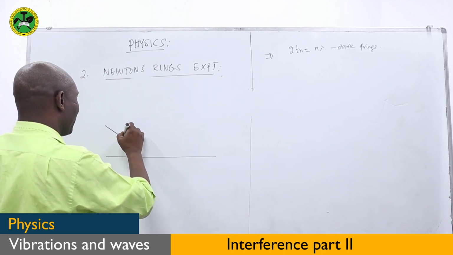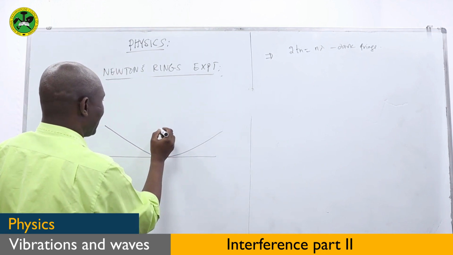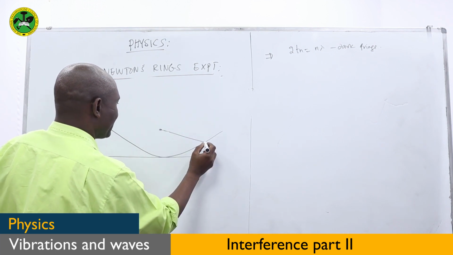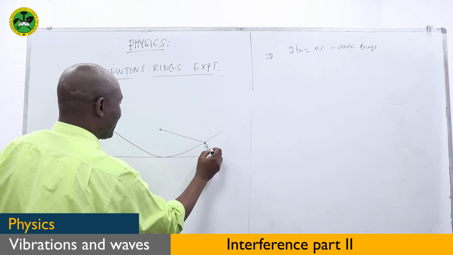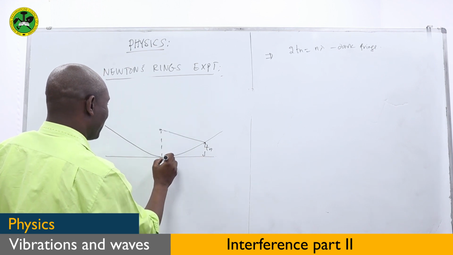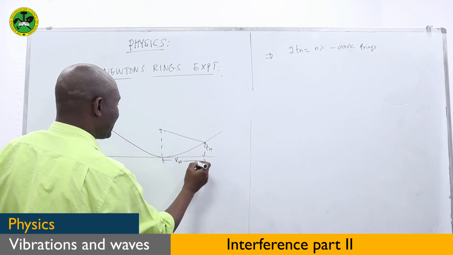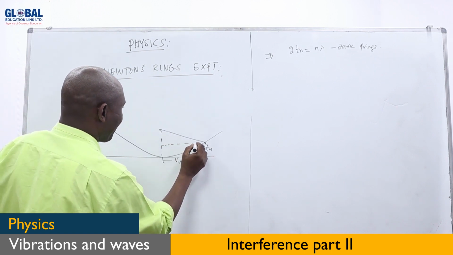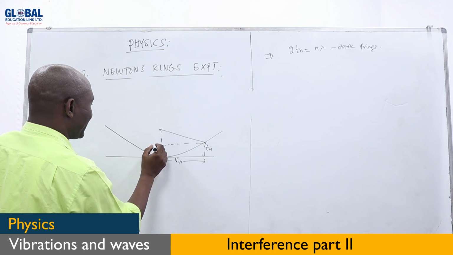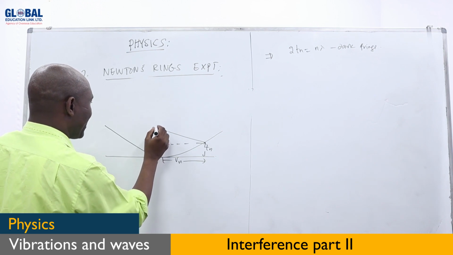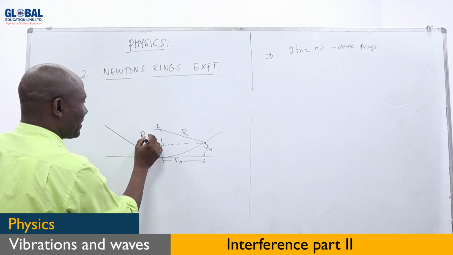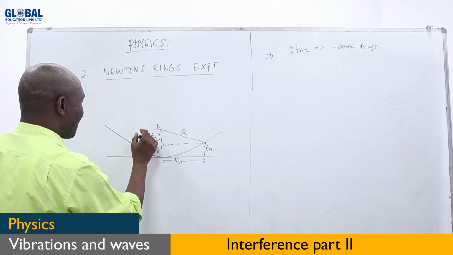this is the part of the curved surface here, and this is the center here. Let's take this is our Tn. That's the position where you have Rn, the radius corresponding to that. And if you draw the line here, this length here is how much? This is the radius of curvature, R minus Tn.